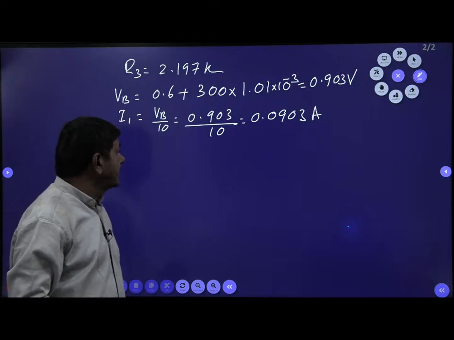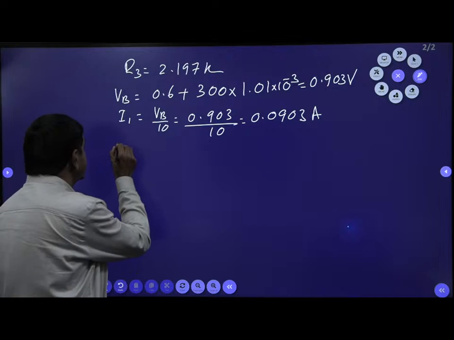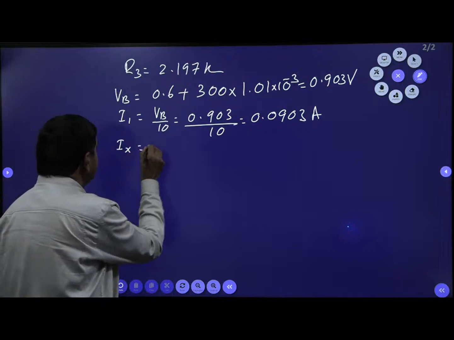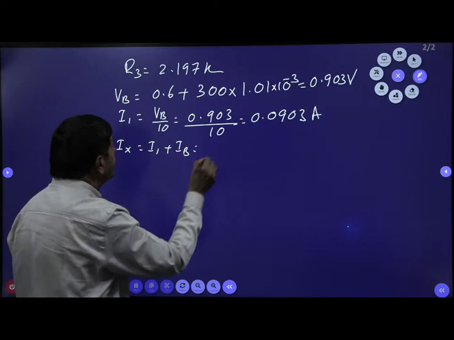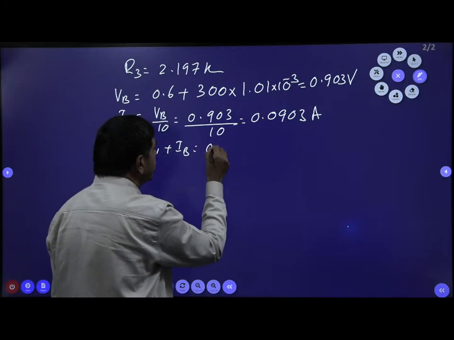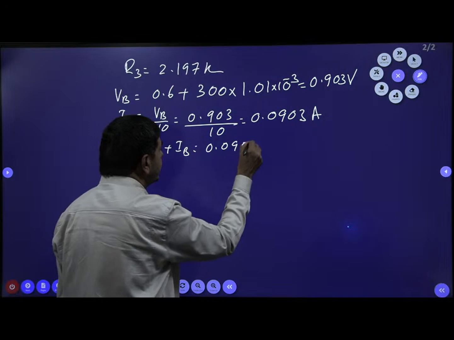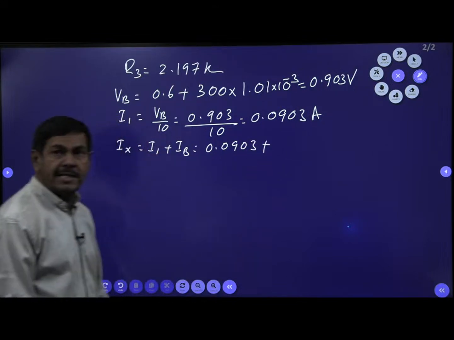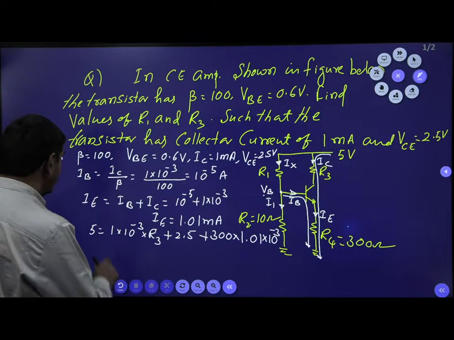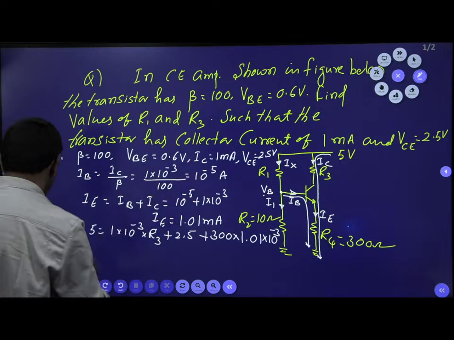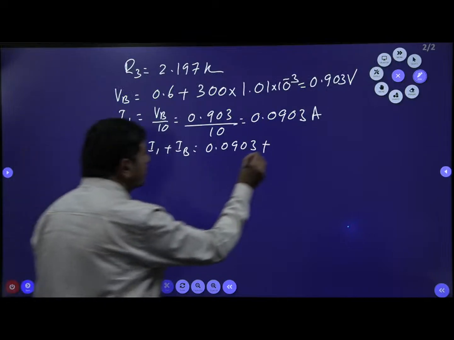Why is this current required? To find Ix. Ix equals I1 plus IB. We got I1 as 0.0903, and the base current we got is 10 power minus 5.